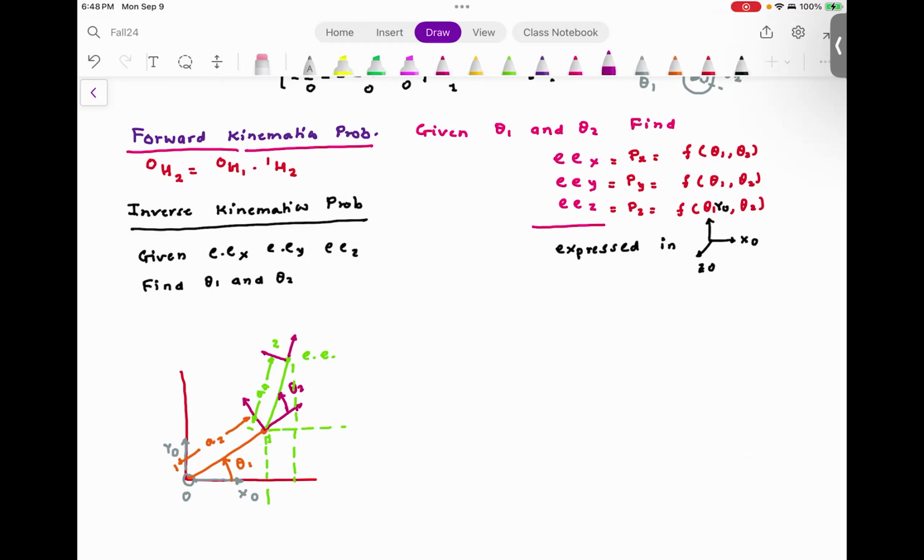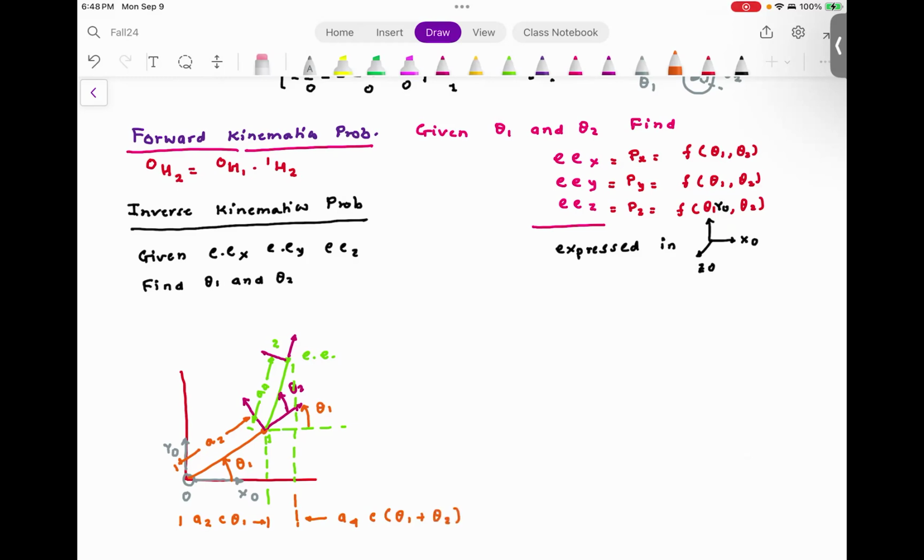And it's extremely important to note that this angle is theta 1. So this is going to become A2 cosine theta 1, and this distance is going to be A4 cosine of theta 1 plus theta 2.